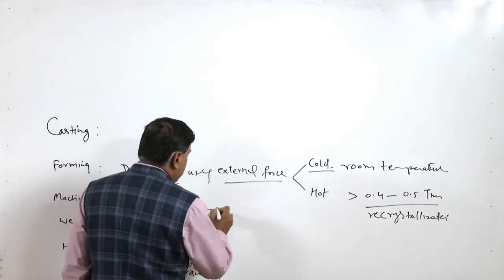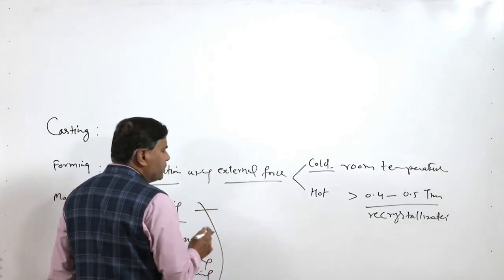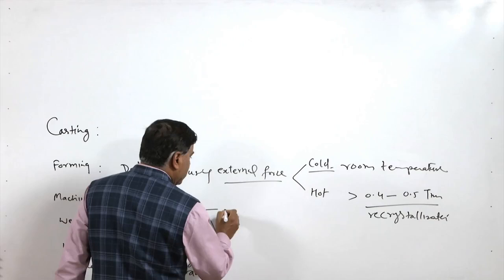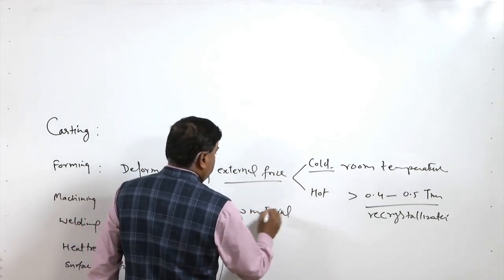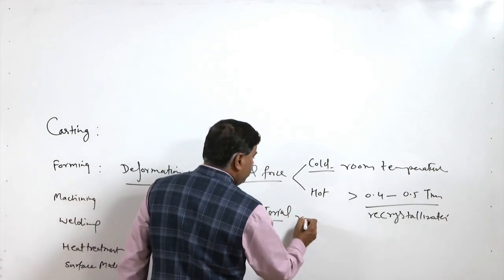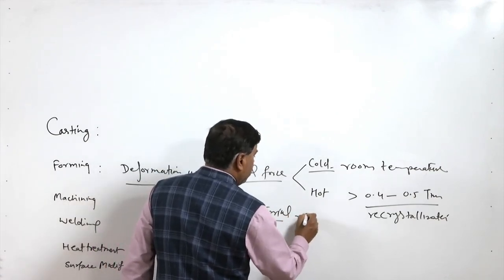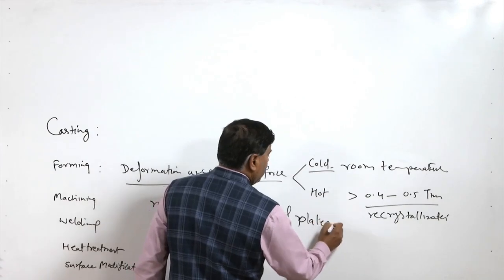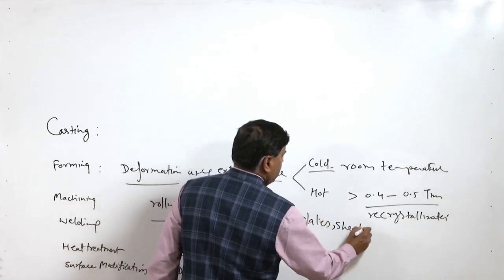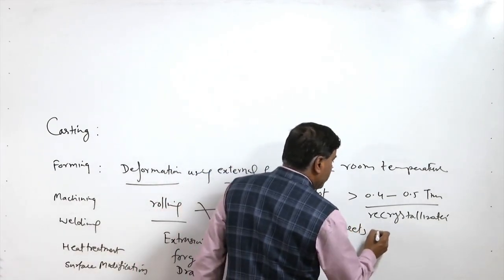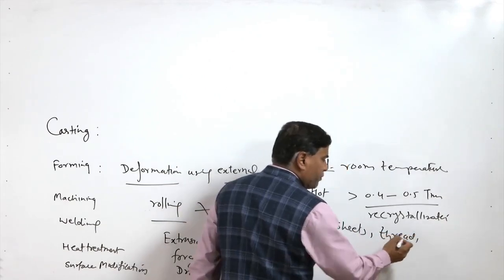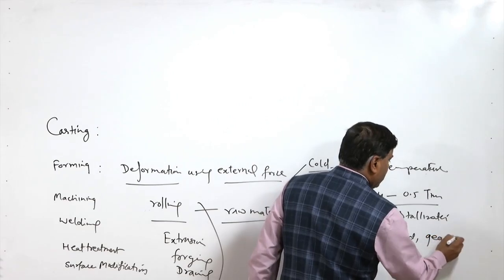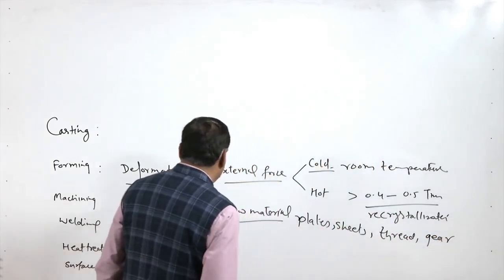But the target here: rolling is primarily used for making raw stock material in the form of, say, plates and sheets. It is also used for making threads by thread rolling, and for making gears through gear rolling.